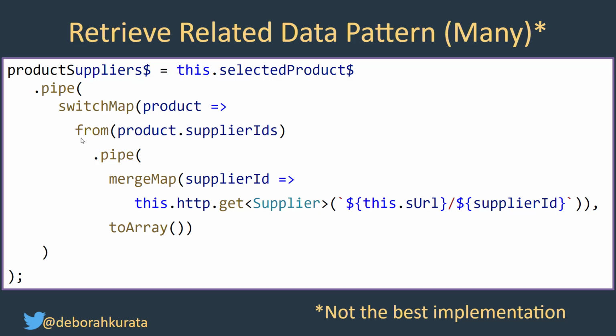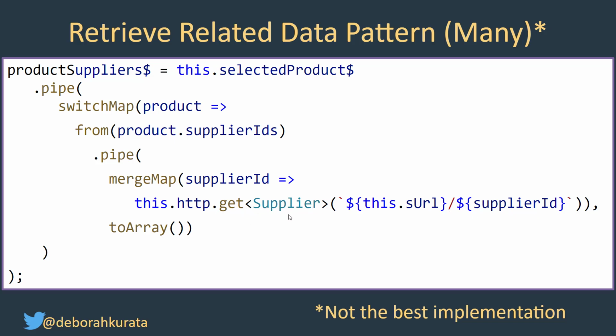Why do I want to create an observable from the array? Because I want to pipe it some more. I can't pipe an array. I need it to be an observable in order to have it emit the individual IDs and to be able to pipe those individual IDs through this pipeline. So inside my pipeline, I'm using a mergeMap to take the supplier ID and then get the supplier.